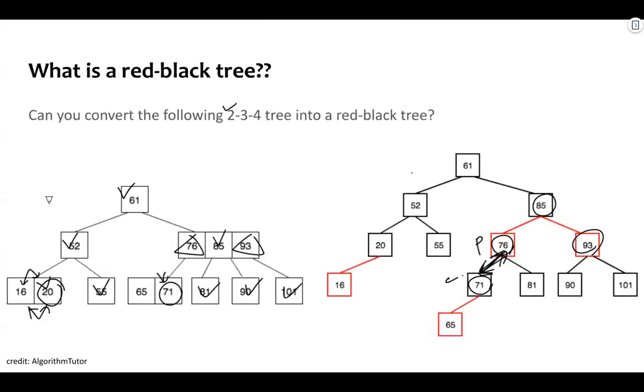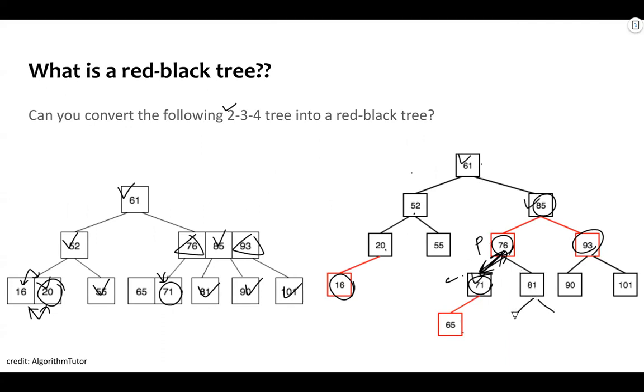So in the previous slide, let's say this node takes 1, 2, 3 black nodes to the top. And this one also takes 1, 2, 3 black nodes to the top.